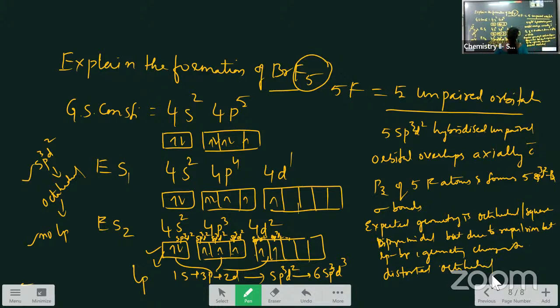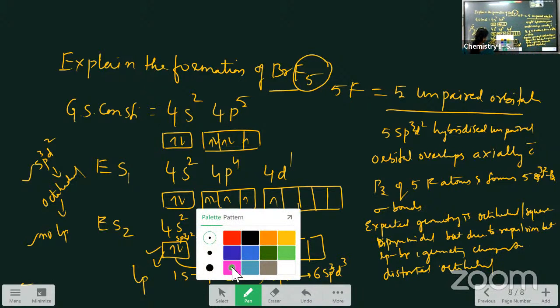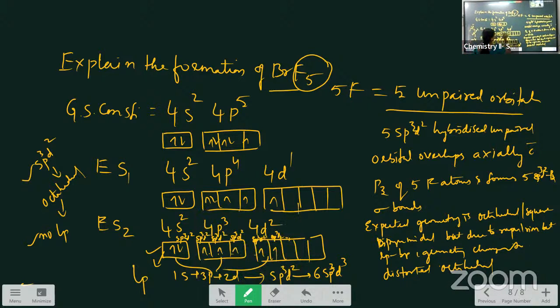The geometry changes to distorted octahedral. Okay. This carries 1 mark, students.